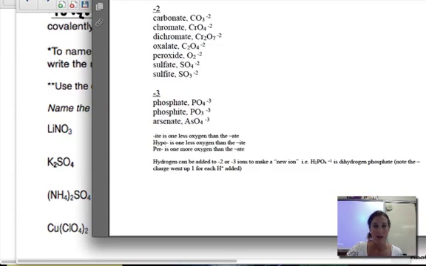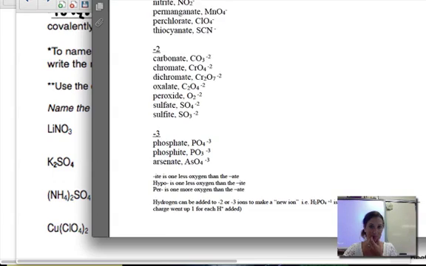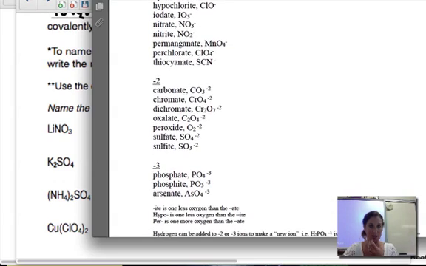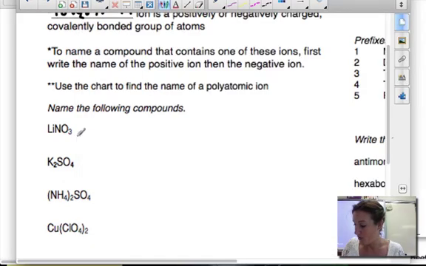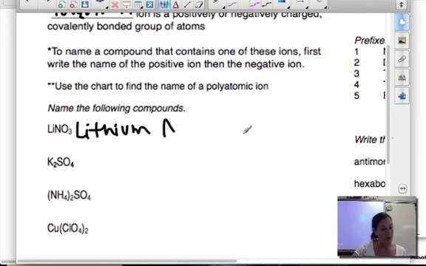You should see that NO3 is right here. It is nitrate and it has a -3 charge. So go back here. I am going to name this lithium nitrate. Now I want to look, where is lithium found on the periodic table? Okay, lithium's found in group 1, so it does not need a Roman numeral.